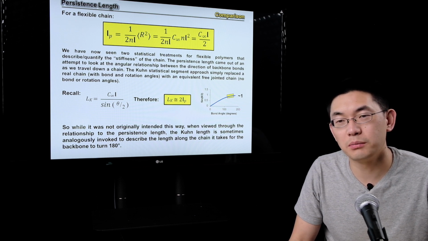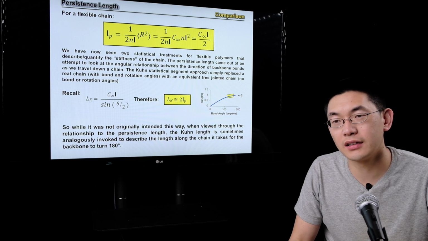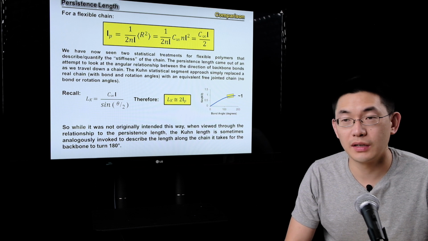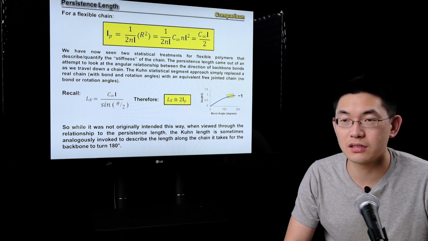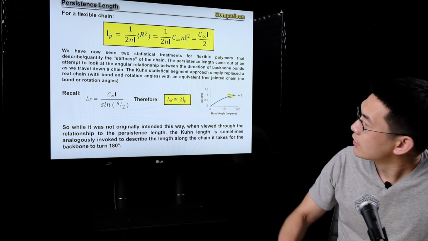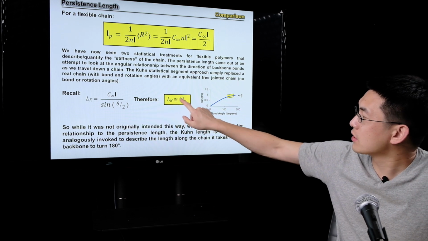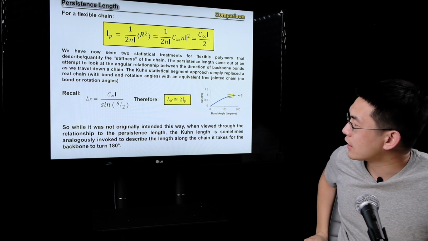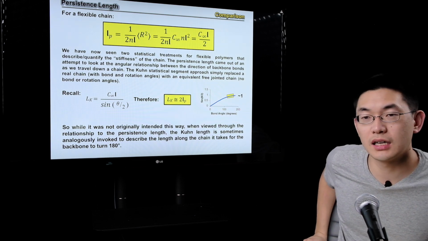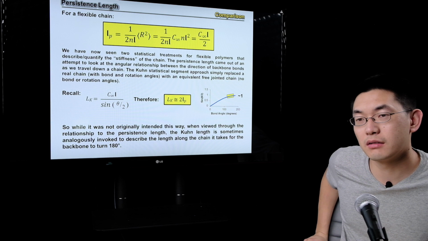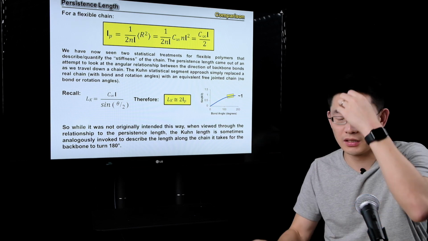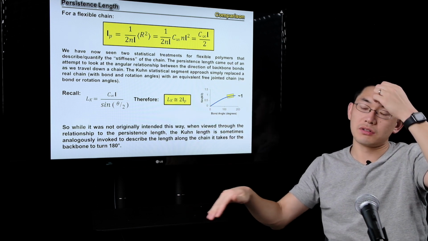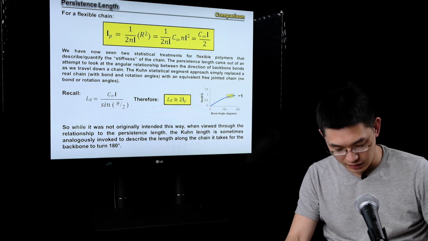The other term people also use is called the Kuhn length. Kuhn length is defined as twice the persistence length, so quite simple. As shown here, Kuhn length will be 2LP. The Kuhn length can then be simply understood as the length for the chain to bend about 180 degrees, because persistence length is bending 90, and Kuhn length will be turned back to the original direction, bending 180 degrees.